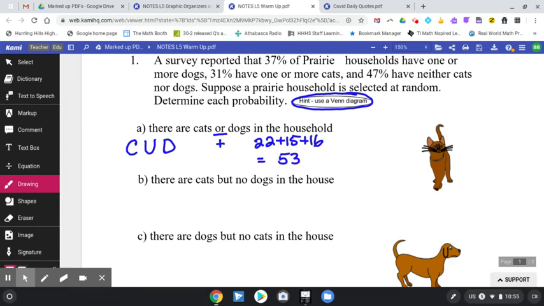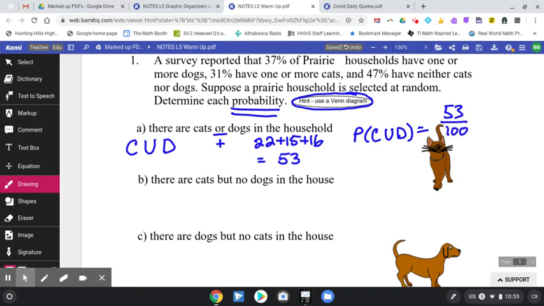But remember, we are talking here about probability. So I need that out of number. Now, in our Venn diagram, we've got a total of 100. So probability of a household having a cat or a dog would be equal to 53 out of 100.